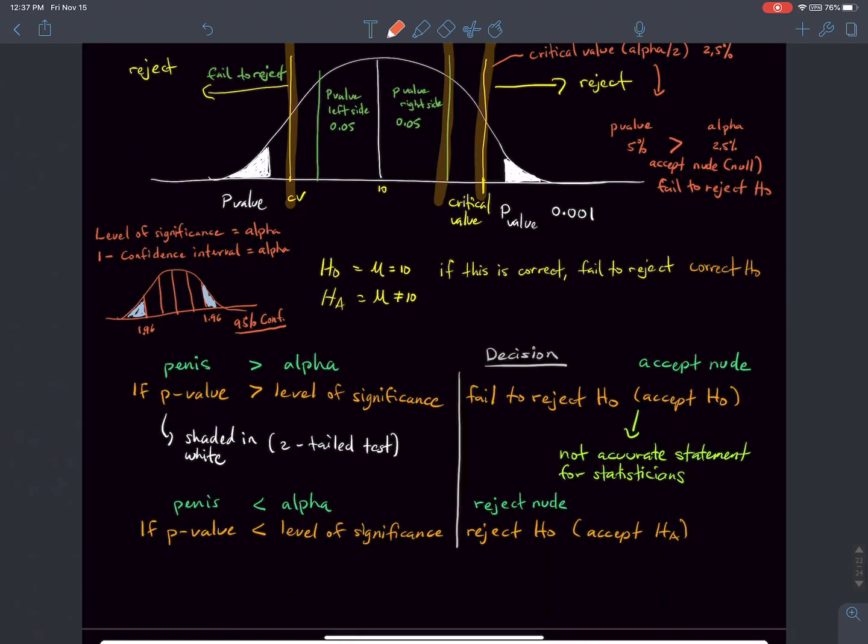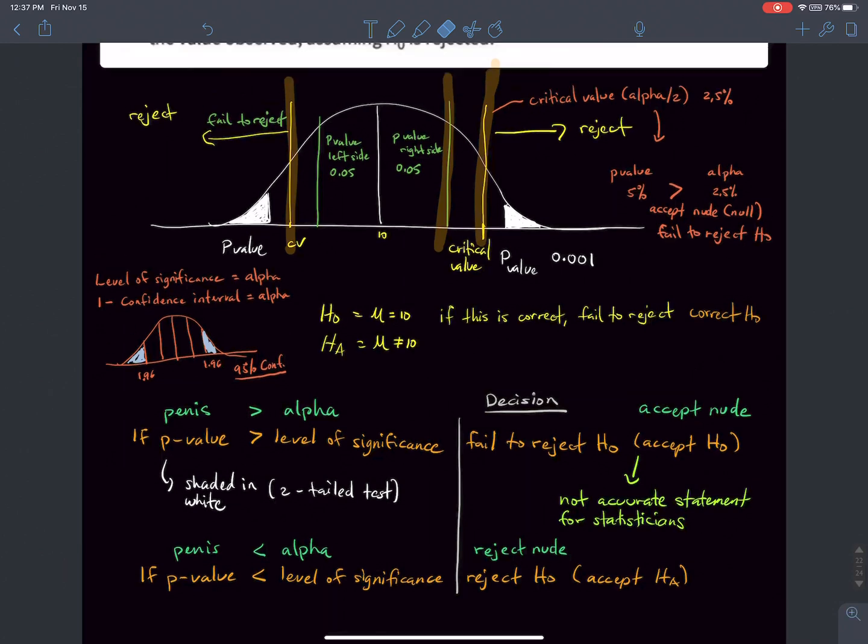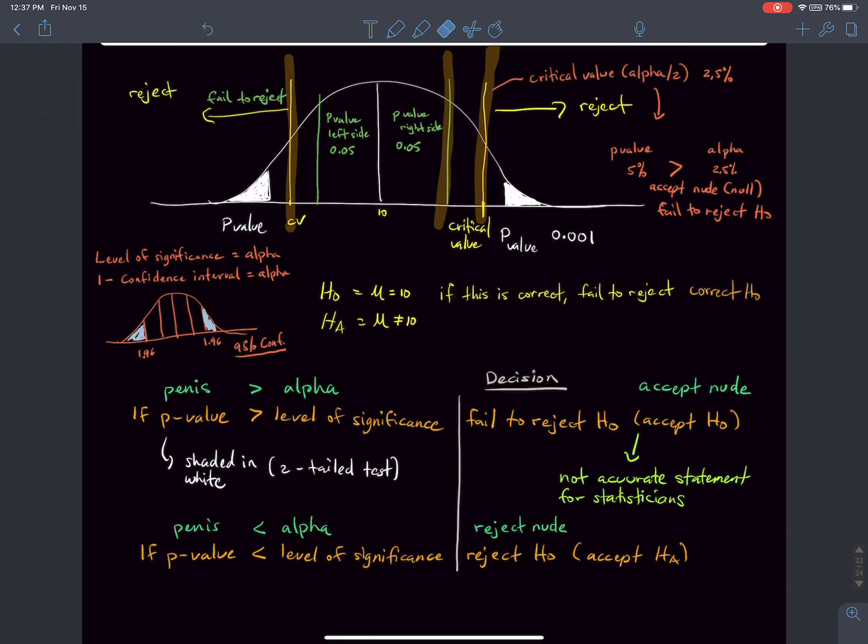So look here. This is like a summary that I skipped. If p-value, the shaded ones, is greater than the level of significance alpha, which is 100 minus 95%, 5%. In our problem, this is 10% and this is 5%.